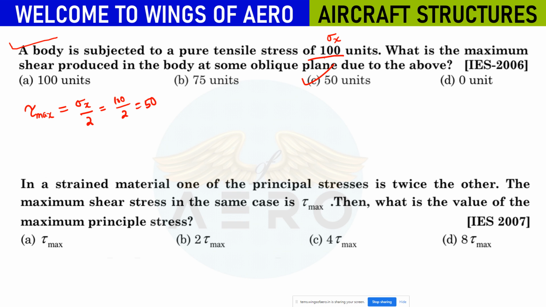Ma'am, tau max is equal to sigma 1 minus sigma 2 by 2, and one principal stress is twice the other, so sigma 1 equals twice of sigma 2.